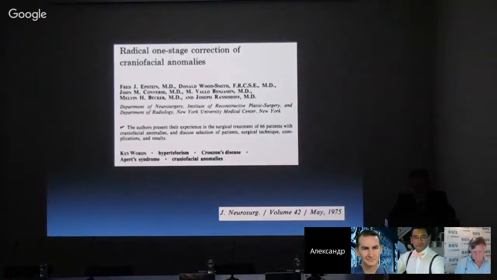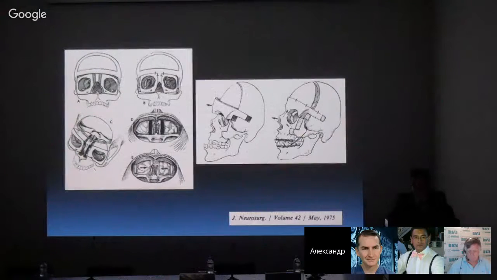Radical one-stage correction of craniofacial anomalies was done by Fred Epstein in the 70s. And this kind of monoblock or en bloc advancement is risky because you can distract the optic nerve, and this patient can have a decrease of the vision or even blindness.